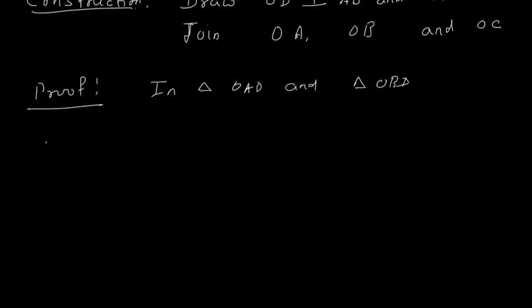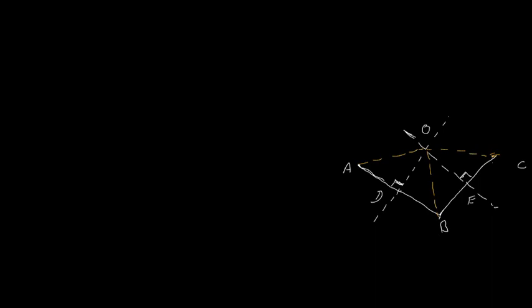Now here this is point A, this is B and this is C. So in the proof, in triangle OAD and OBD, side AD equals BD. This I will say is by construction. Angle ADO equals angle BDO.